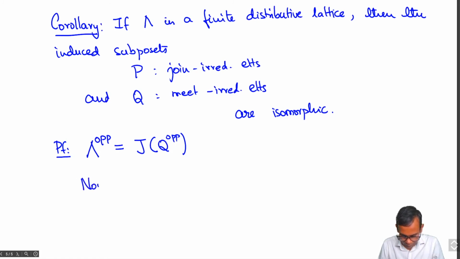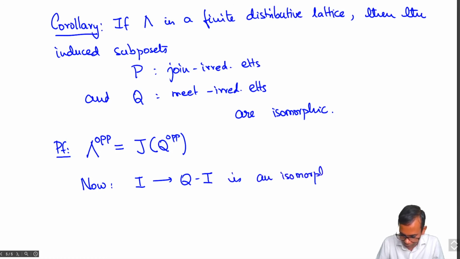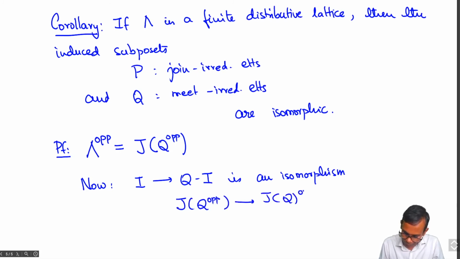Now, the function which takes I to Q minus I is an isomorphism from J of Q op to JQ. You can easily check this, and therefore what we have is that lambda is isomorphic to JQ.